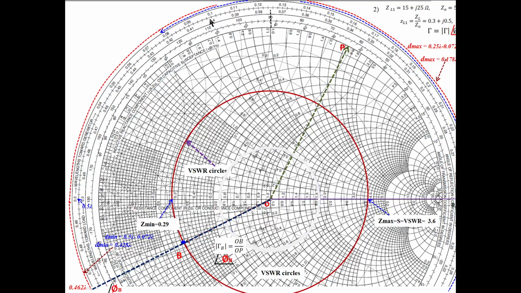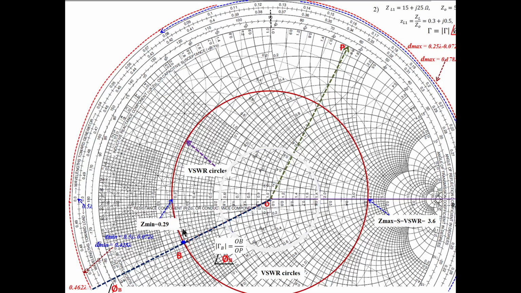Go on like this, because we crossed the minima and then came to the maxima in this example. Wherever the VSWR circle intersects the left side, that is a minimum impedance we come across.